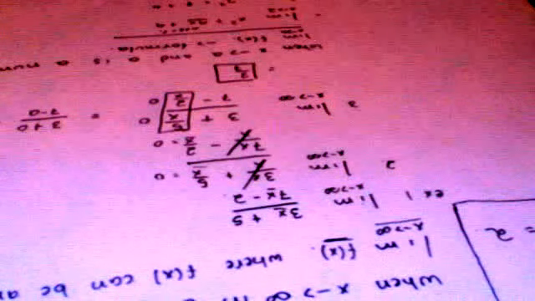So this limit is equal to 4 plus 8 plus 4, which is equal to 16. However, this is the first chapter of polynomial function limits.